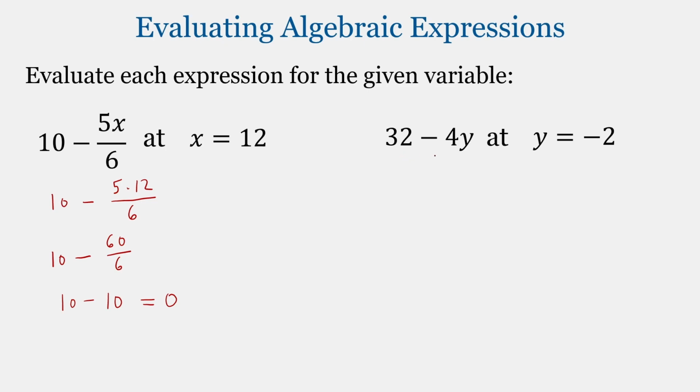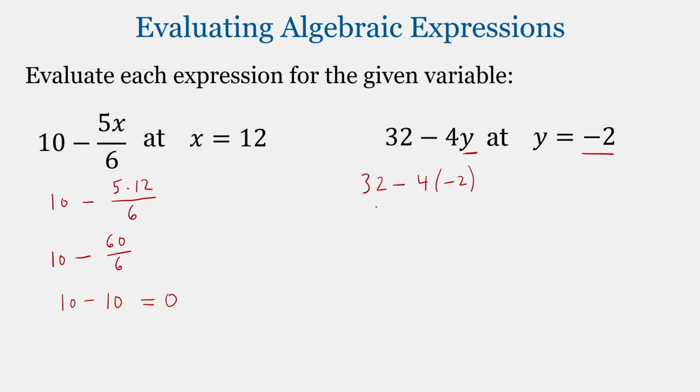This problem, we have 32 minus 4y, and we'll evaluate at y equal to negative 2. So 32 minus 4 times a negative 2. Again, wherever there is a y, we're going to replace it with a negative 2.